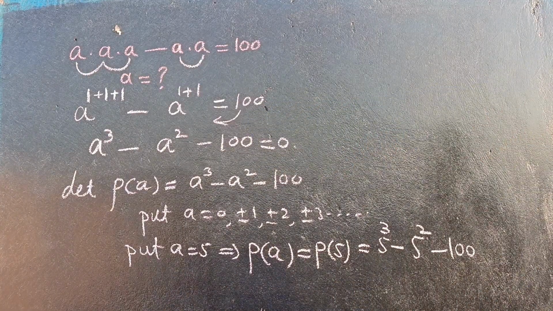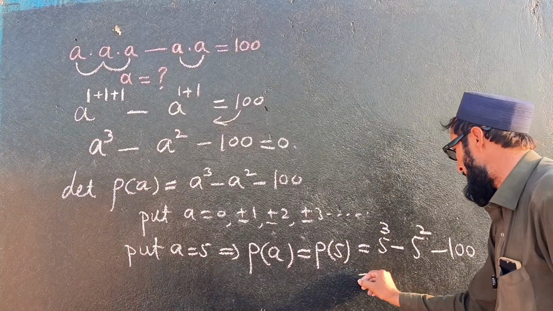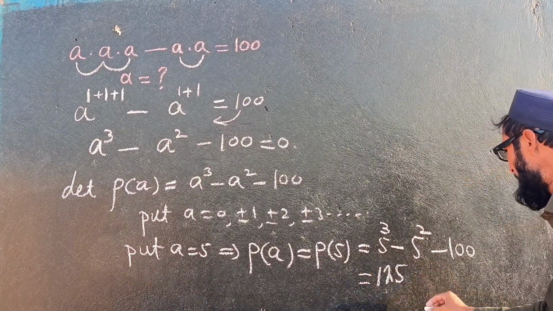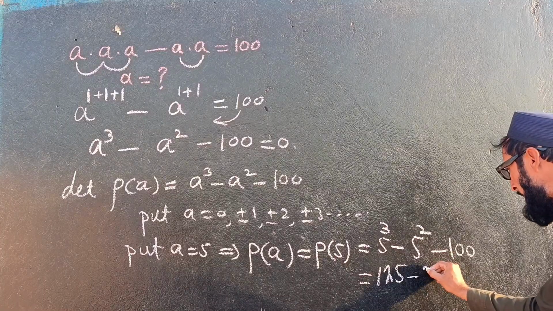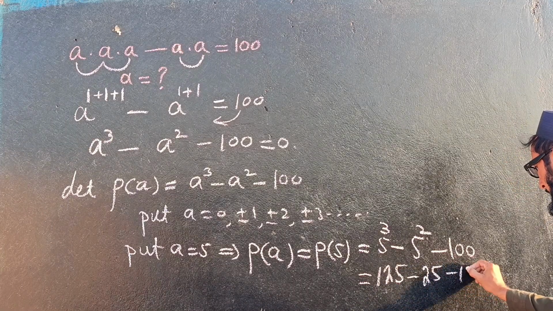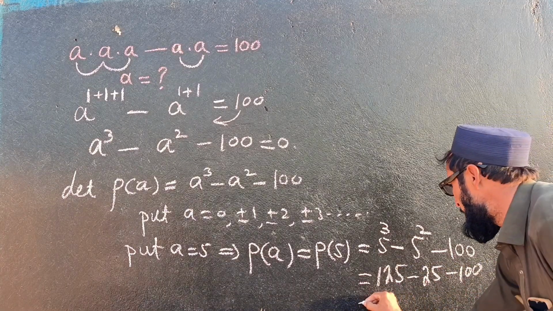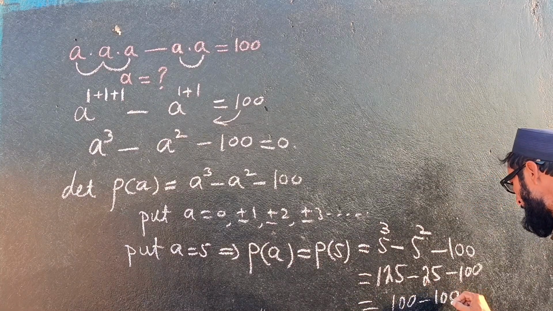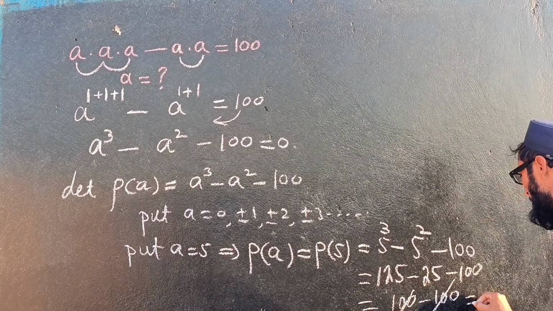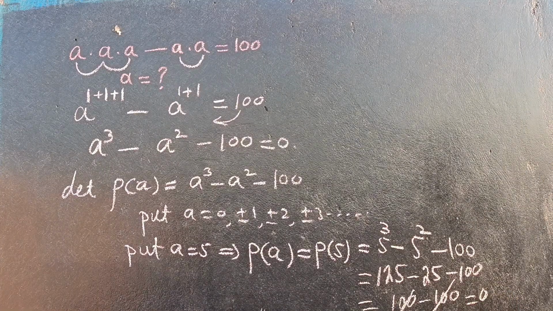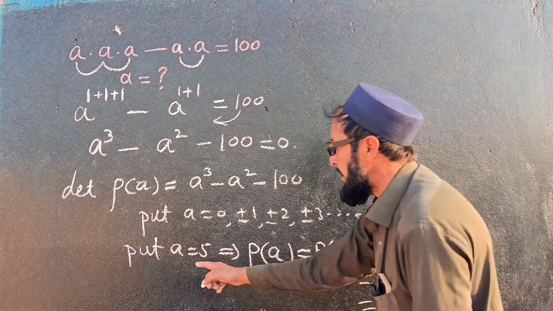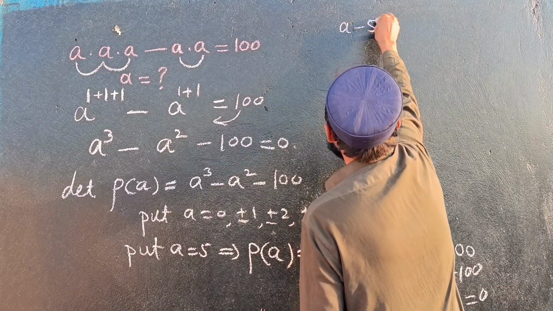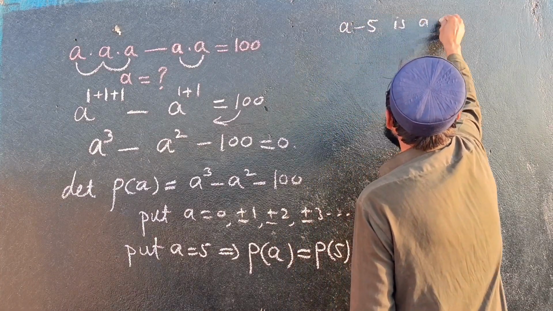We want to check that this result is 0, so we get 125 minus 25 minus 100, that is 100 minus 100, so the result cancels and it will be 0. It means that a minus 5 is a factor of the given polynomial.